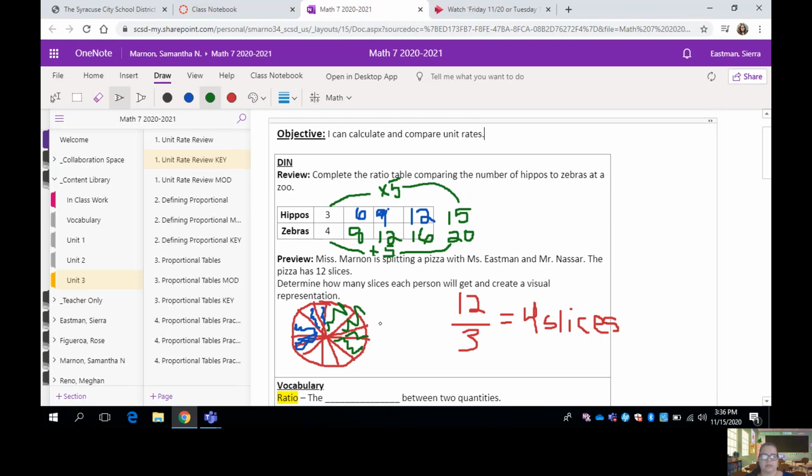Maybe I should label these as well. So maybe we'll say green's Mr. Nasser, blue was Miss Martin here, and we'll say these last 4 slices here are for me, Miss Eastman. So we could have either used our visual or just divided and found our answer.